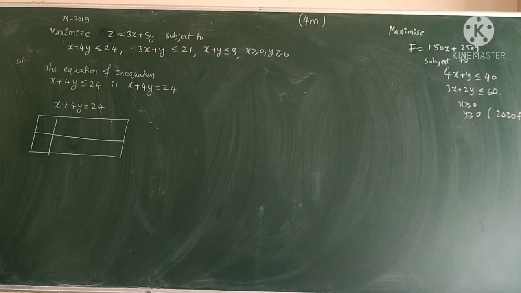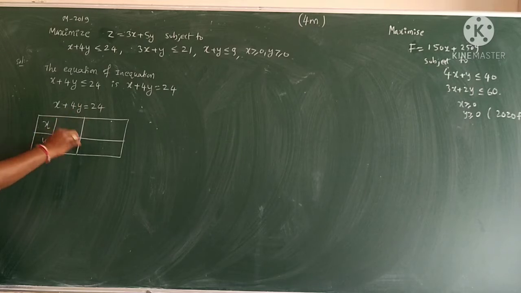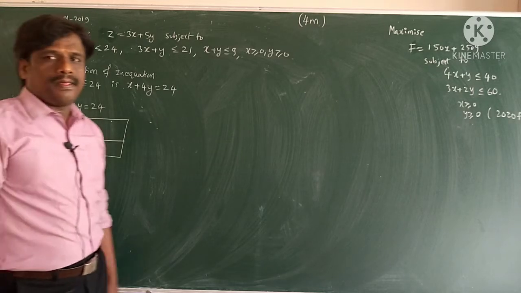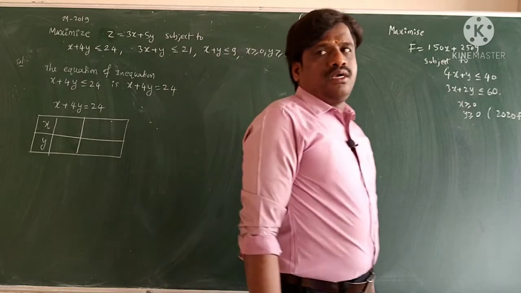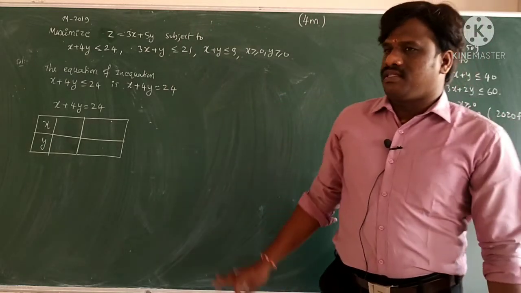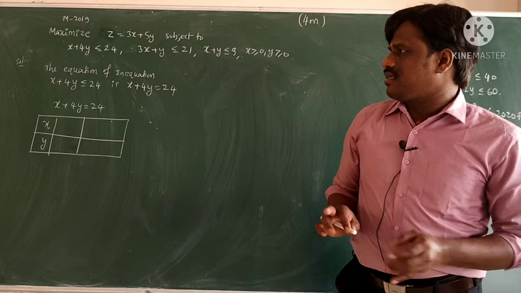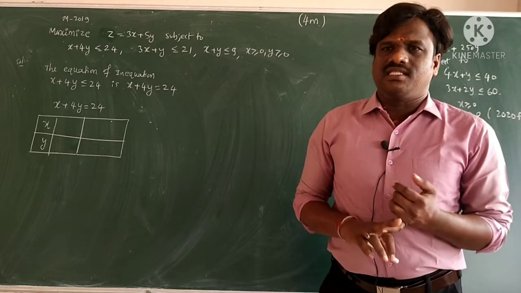Then what do we do here? Now we take x and y. You have to find the ordered pairs for this. You can use x 0, y 0.